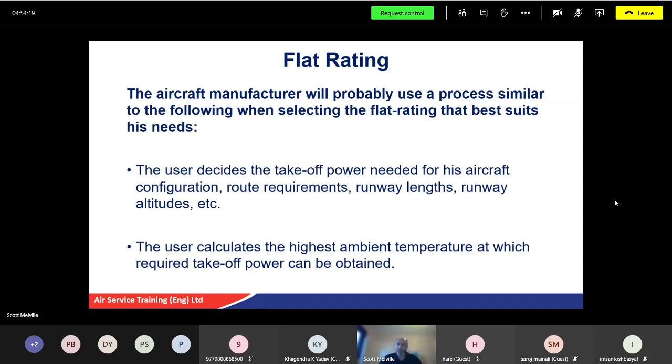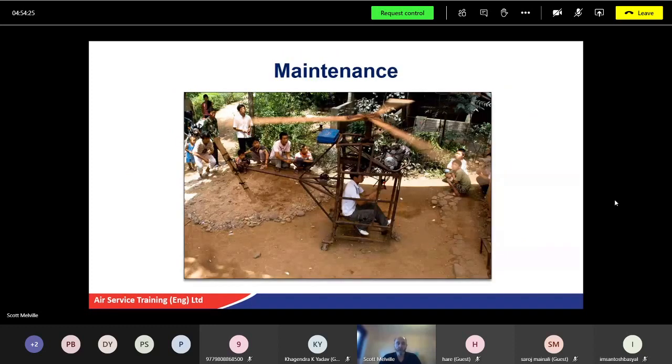Okay. Right, moving on to maintenance. All right, so once you're a qualified engineer, you can make your own helicopter, just like that one. Yeah. How safe do you think that one would be? It doesn't need much maintenance. I think the guy's got a good, I don't know what engine that is. What's that, a 125 or a 250?